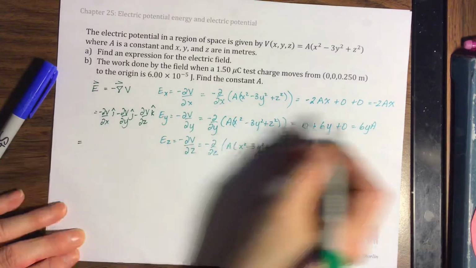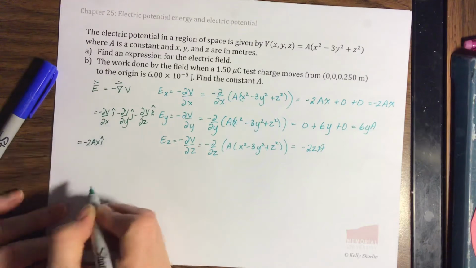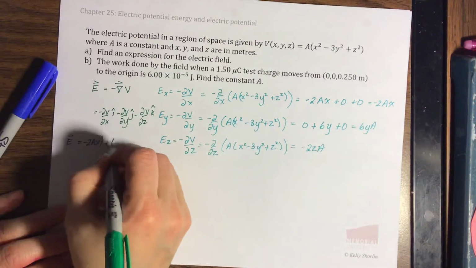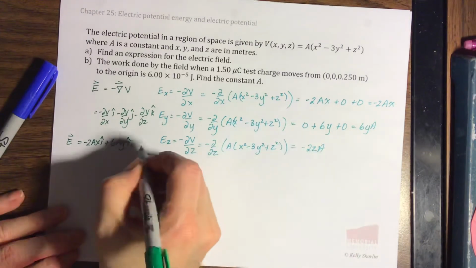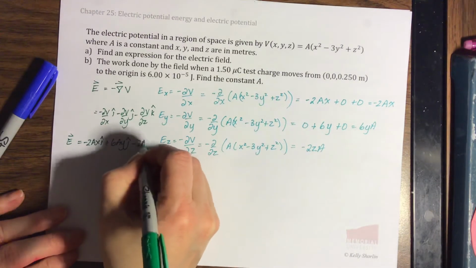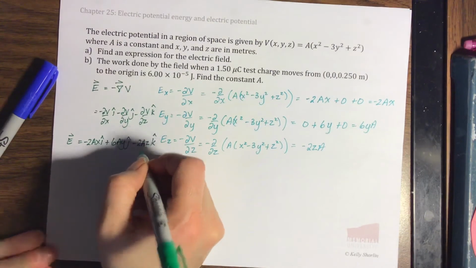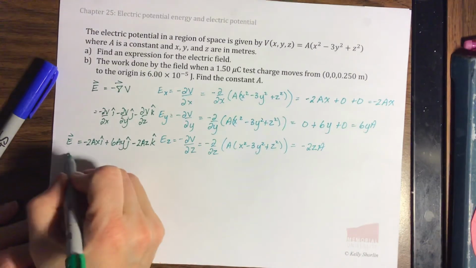So our x component is minus 2ax. That's in the x direction, so it gets an i hat. Our y component is 6ay in the y direction, so j hat, and our z component is minus 2az in the k direction, so it gets a k hat. So there's our expression for our electric field when we know the potential.